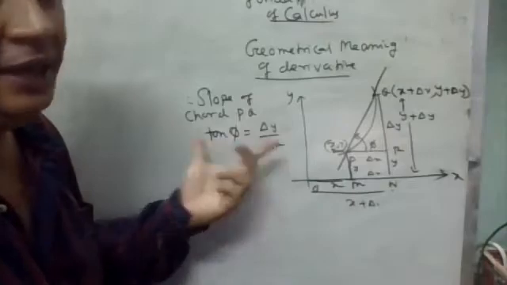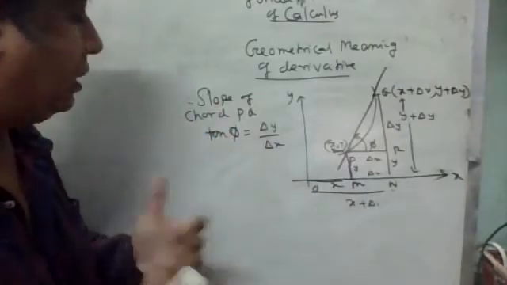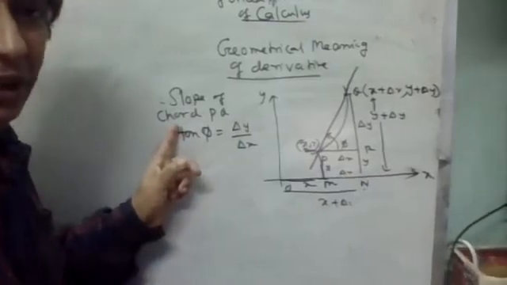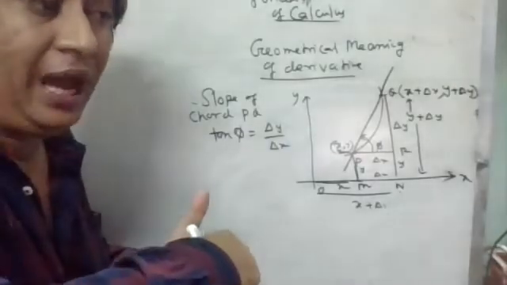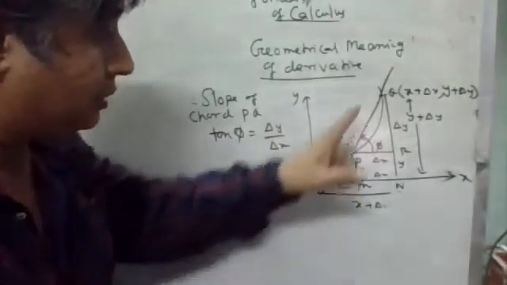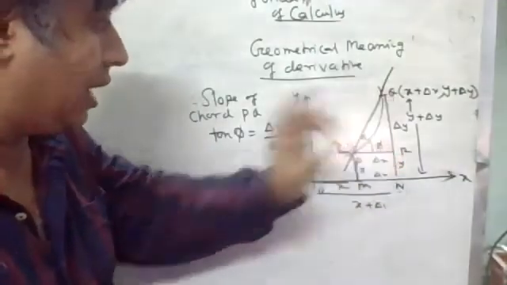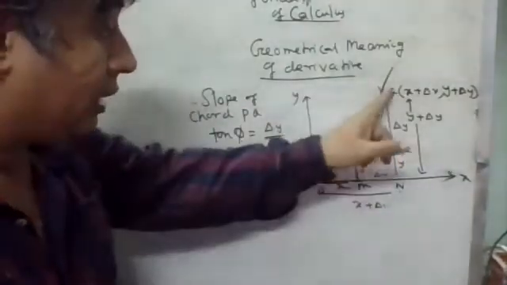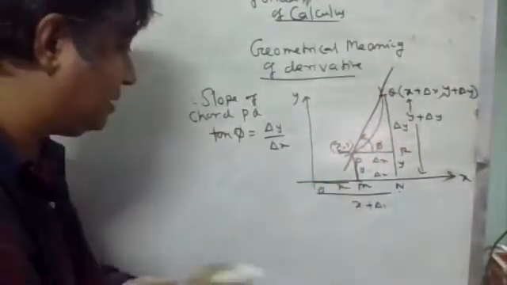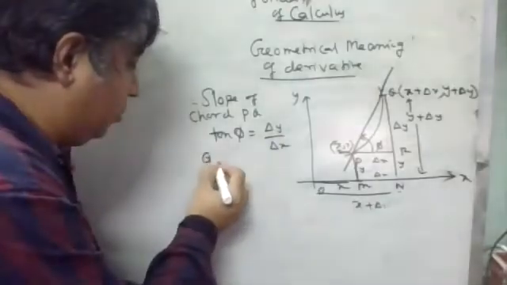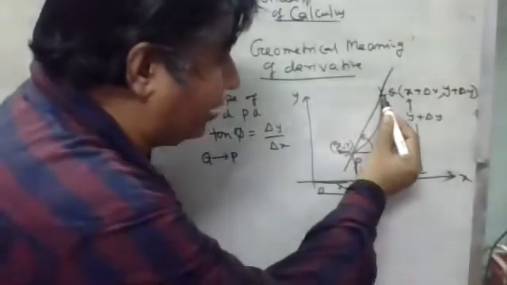Now, in differentiation, we need to find the slope of the tangent, not the chord. With the previous concept I just gave you, the chord, we have to make the chord a tangent. How? If Q approaches P, that means Q will tend to P. So you got the concept.